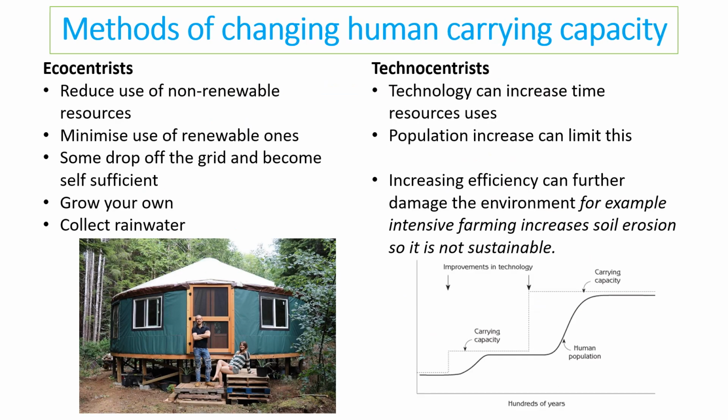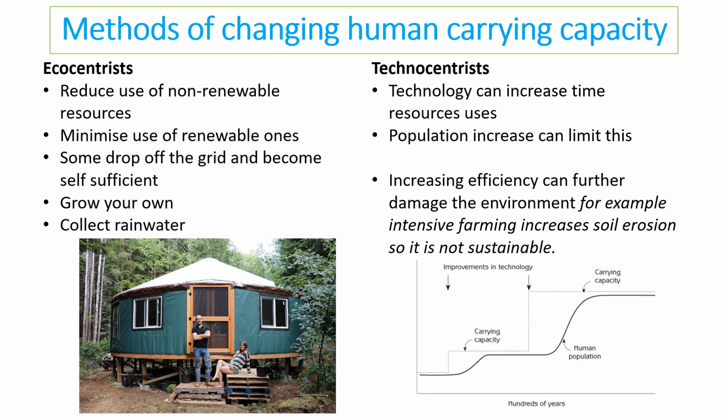Now, we like to think humans can change the carrying capacity, and we know we can. Depending on your environmental standpoint, it depends on what you might think we should do. An ecocentrist, and don't forget ecocentrists have the opinion that the earth and nature are the most important things, and humans are second to that, and that we should look after nature and that will help us look after ourselves.